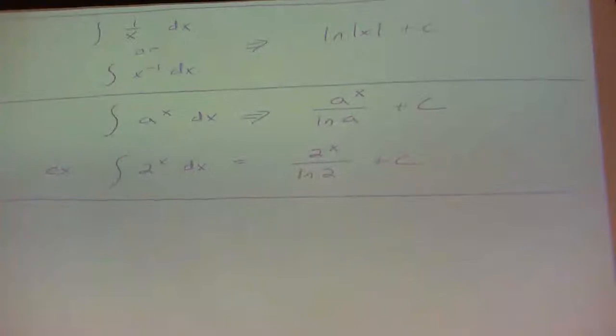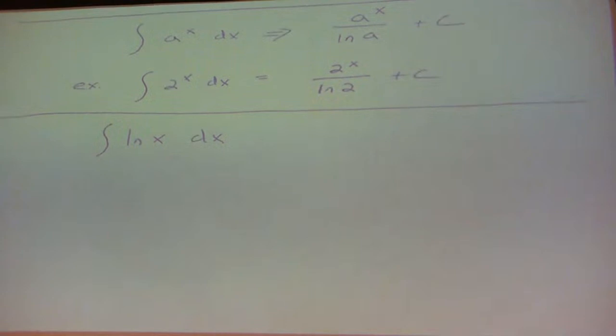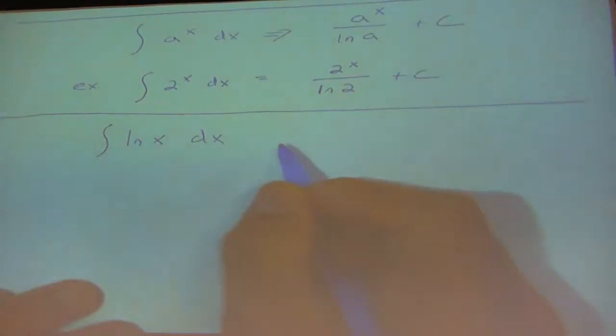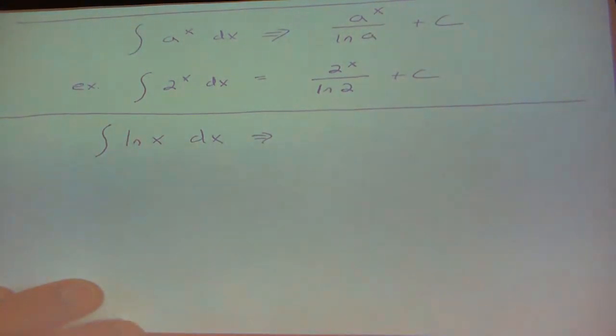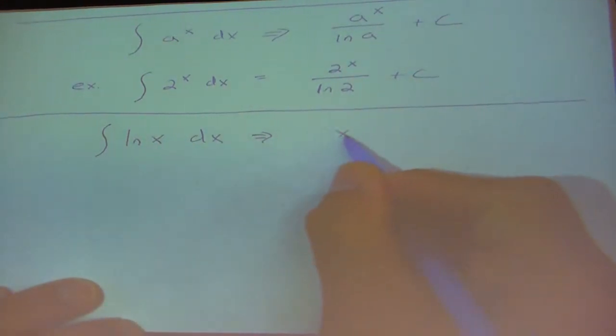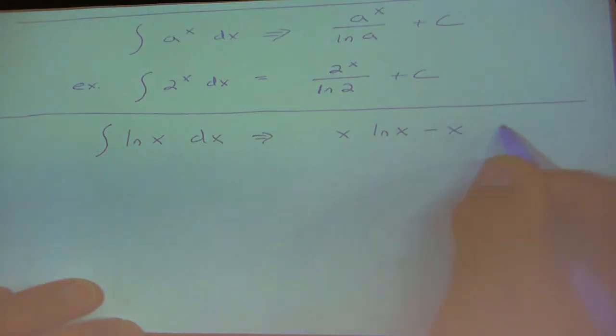Okay? A couple more. Let's say I asked you for the integral of ln of x. The integral of ln of x, again, we just kind of follow a formula, would be x ln of x minus x plus c.